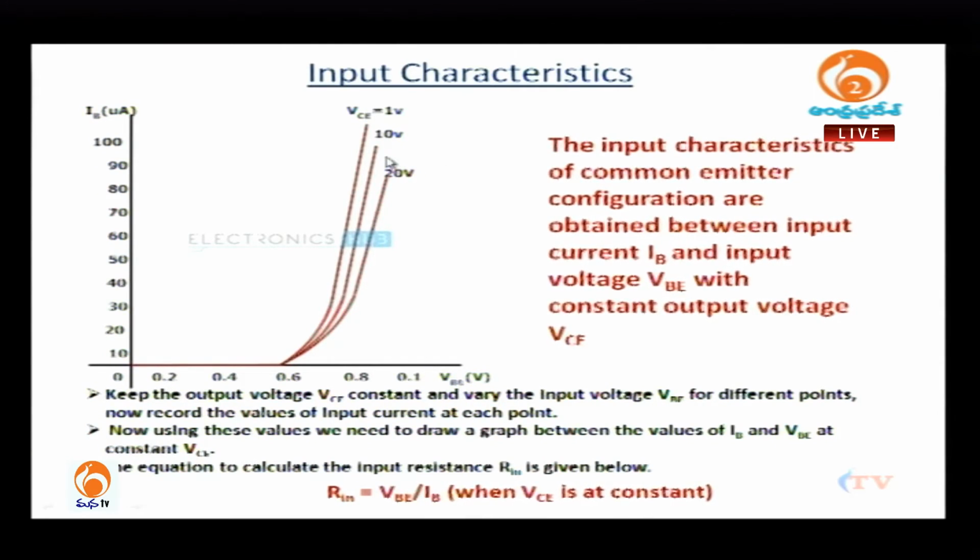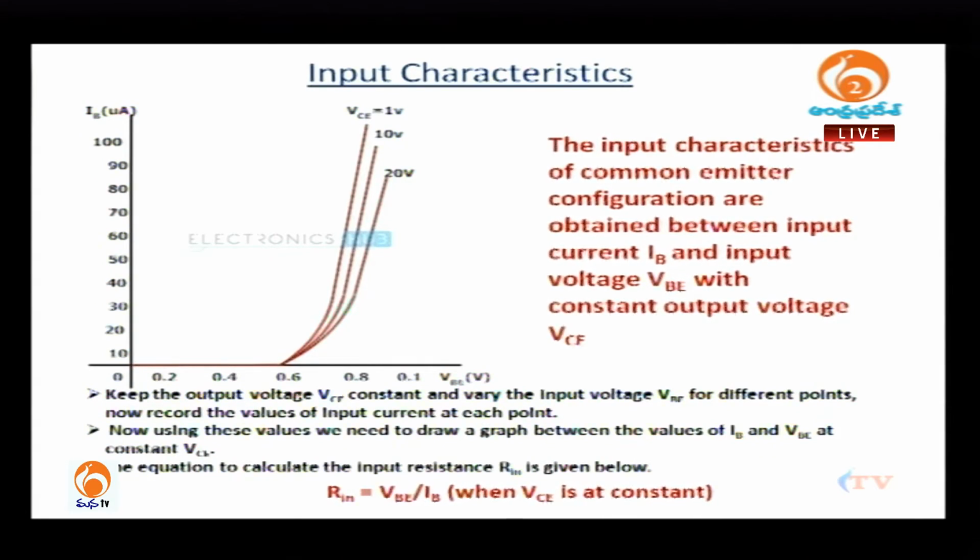We see that this curve also resembles that of a forward biased PN junction diode. The shifting of the curves towards right shows that the base current is decreasing for the given VBE values.